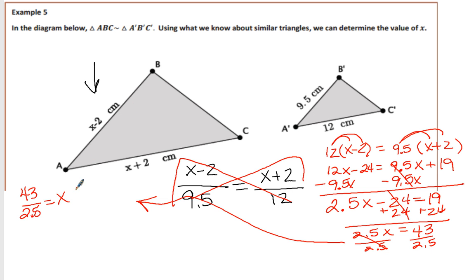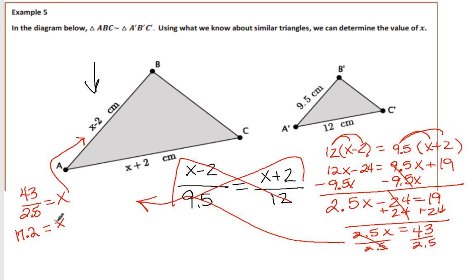Now, that's just telling us what goes into there. We still have to plug that in. So when we know that this is the answer, if we would actually divide this out so that we can plug it in, 43 divided by 2.5 is 17.2.